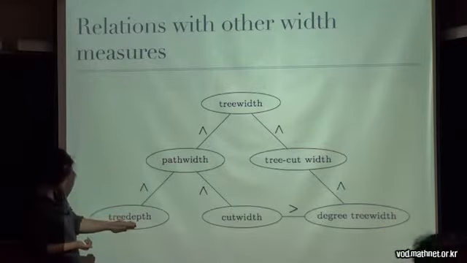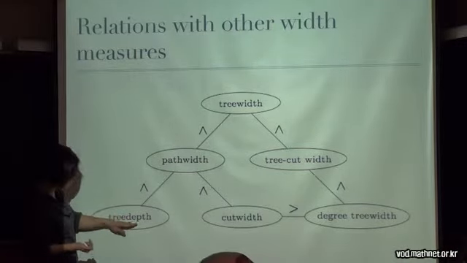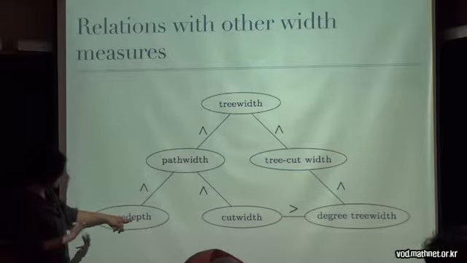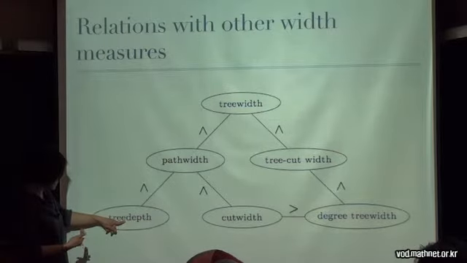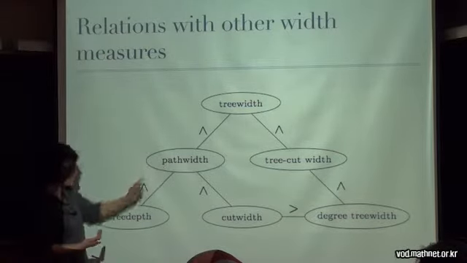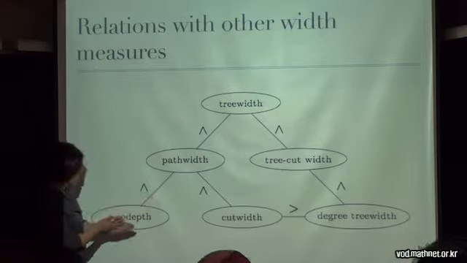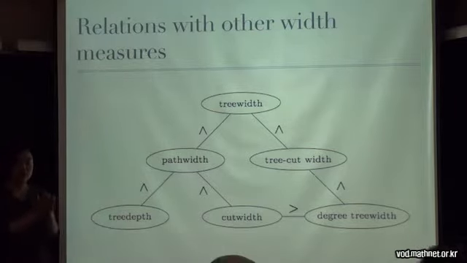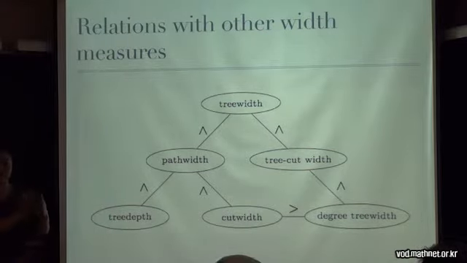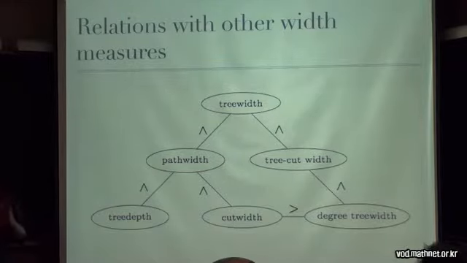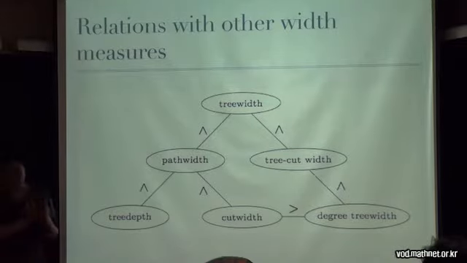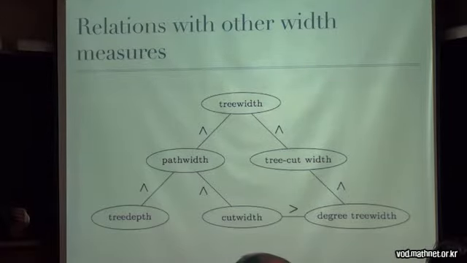And there is a notion called tree depth. So the graphs with small tree depth are graphs which have small path width and which don't have long paths. So it has small path width, and this path decomposition doesn't have too many bags on the path.